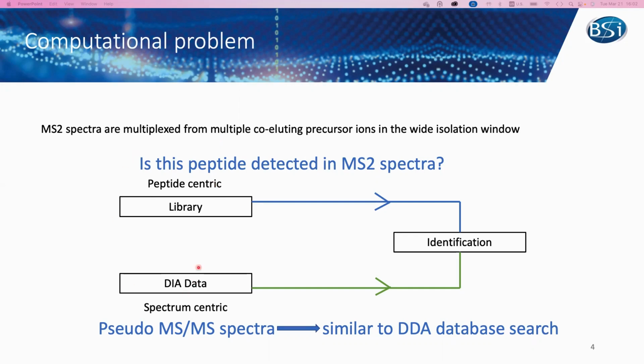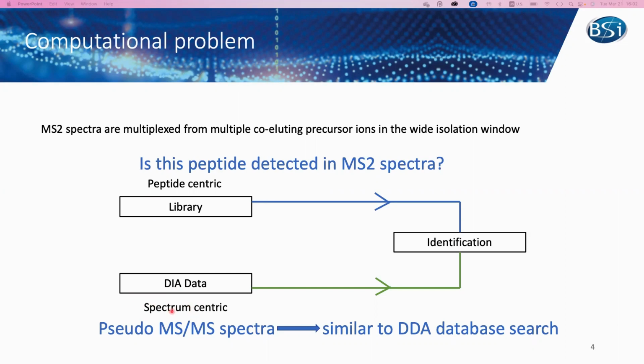There are 2 main strategies in identifying the peptides in DIA MS2 spectra, spectrum-centric and peptide-centric. The spectrum-centric strategy is typically used in DDA database search to identify the peptide in each MS2 spectrum.